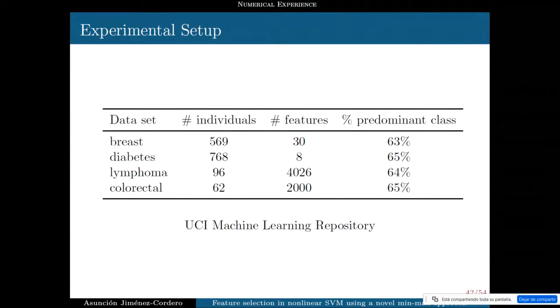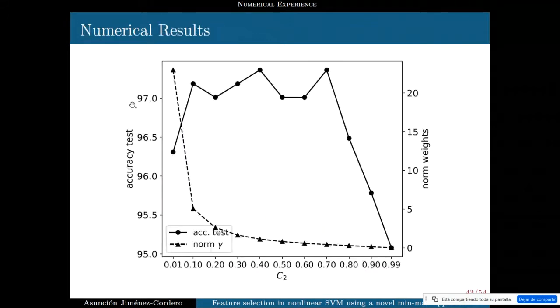So we have tested our methodology in 4 datasets from the UCI repository, but just for the sake of illustration, I'm going to show you the results just on the first dataset, the breast dataset. In this first figure, we can see for different values of C2 the norm of the gamma in this dotted line and the accuracy on the test sample in this solid line.